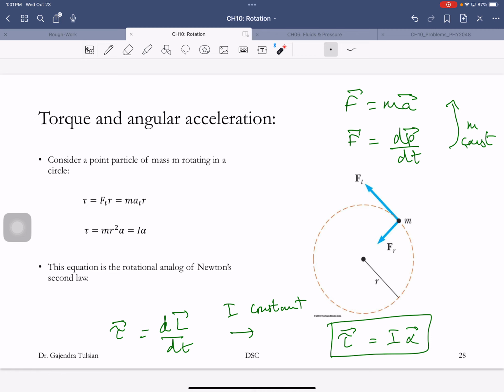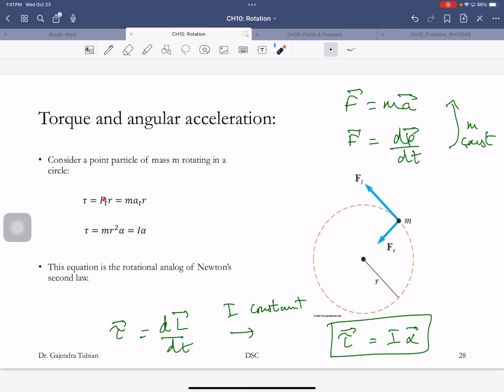Okay? So what you can do is you can attach a mass to a string, apply a tangential force to the mass, and its speed will increase. You'll give it a tangential acceleration. So the torque will be the force you apply times the moment arm.